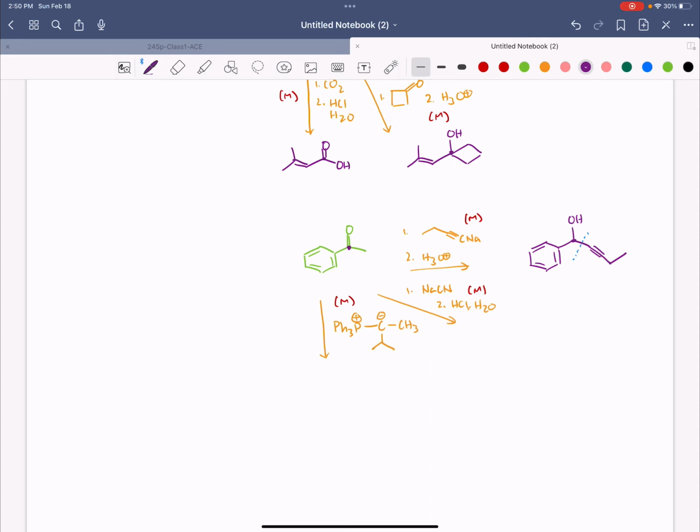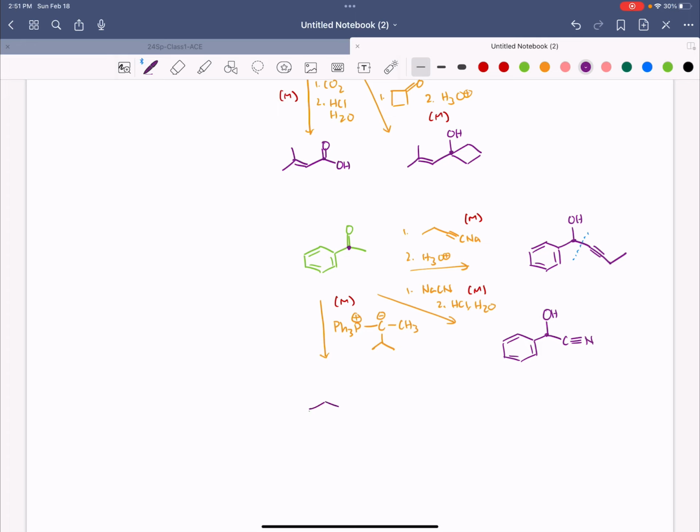For the next one, we have the same deal. The dot has an OH group, and now we have a cyanide group. You could abbreviate CN. Or some people like to draw and remind themselves that that is a triple bond. The Wittig.